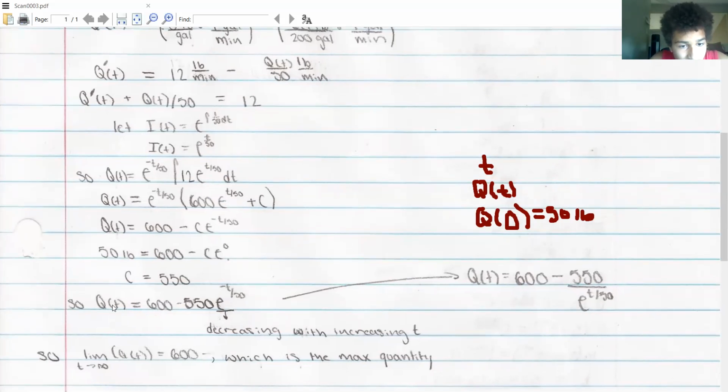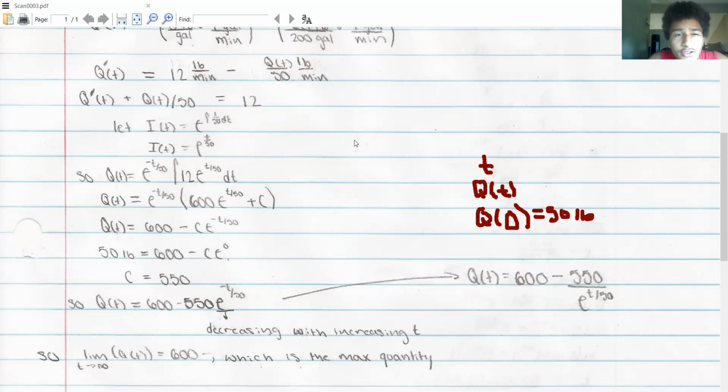So if we take Q prime of t and take the derivative of this term, we have e right here, the coefficient on t is 1 over 50, so we'll take that term and move it down here, and it'll be negative 550 times negative 1 over 50 e to the negative t over 50.